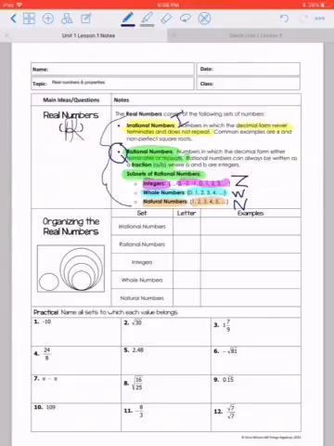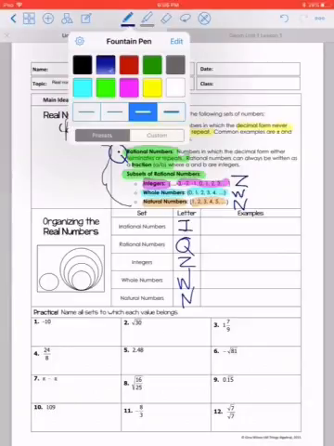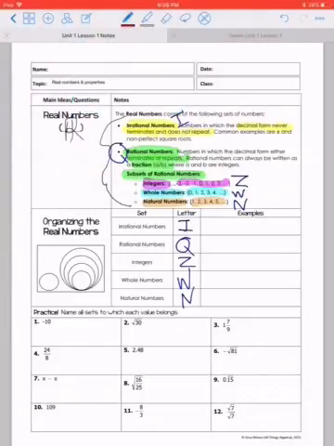So let's copy that again down below with your set and your letter. Okay? So irrational numbers, we give an I. Rational numbers, we give a Q. Integers, Z. Whole, W. And natural, N. Okay? And then I'll go on to some examples.